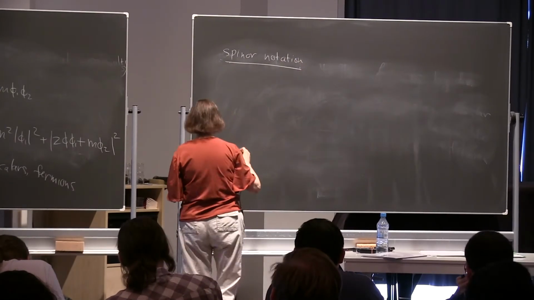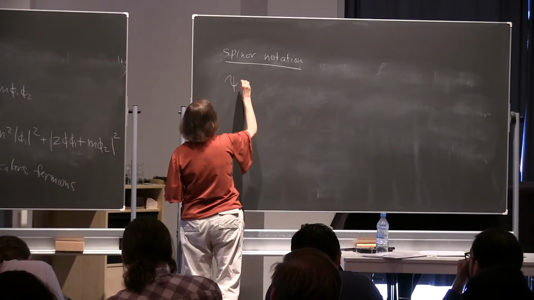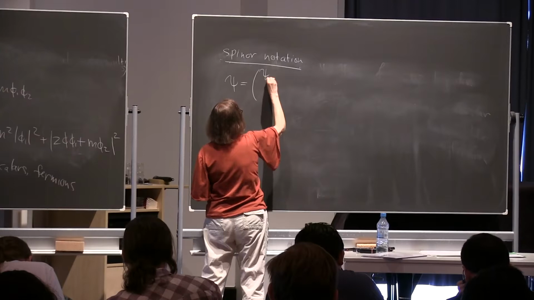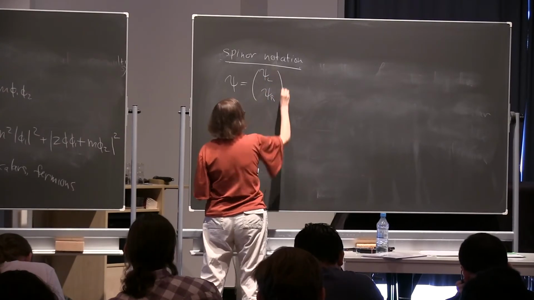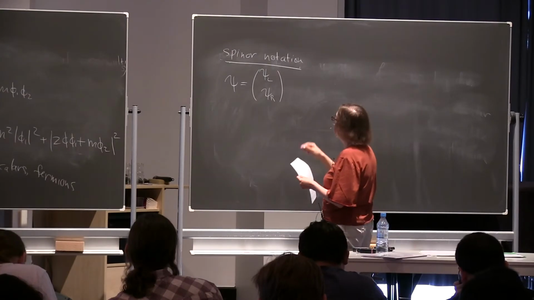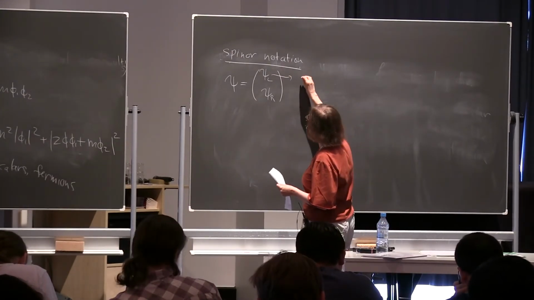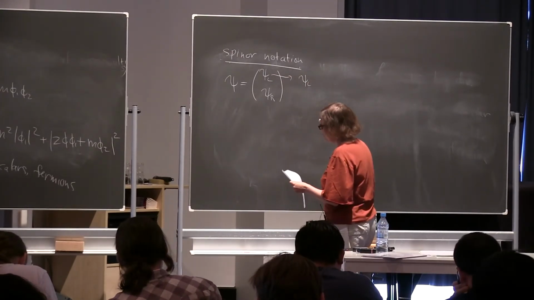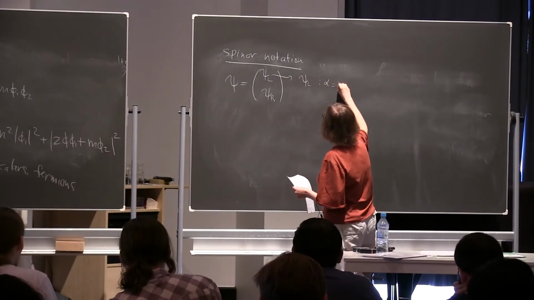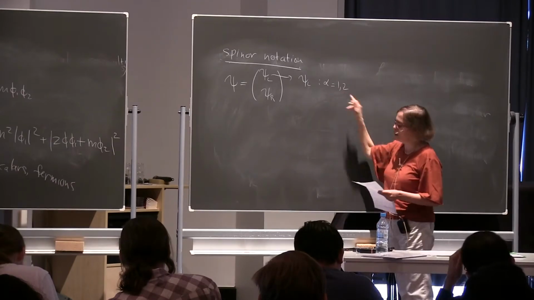So let me remind you how we started to write our spinors. We said that a Dirac spinor can be written as a psi L and psi R. So I'm going to take the psi L and label it with indices alpha, with alpha going over 1 and 2.